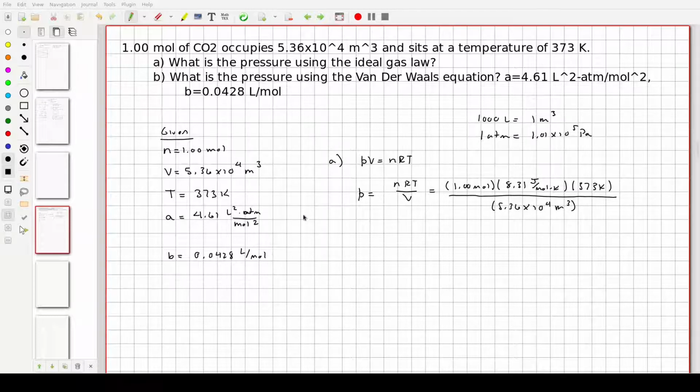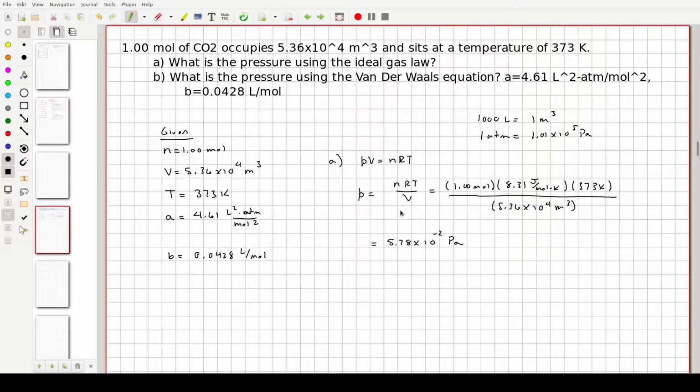Now I get a pressure of 5.78 times 10 to the minus second pascals. Okay.